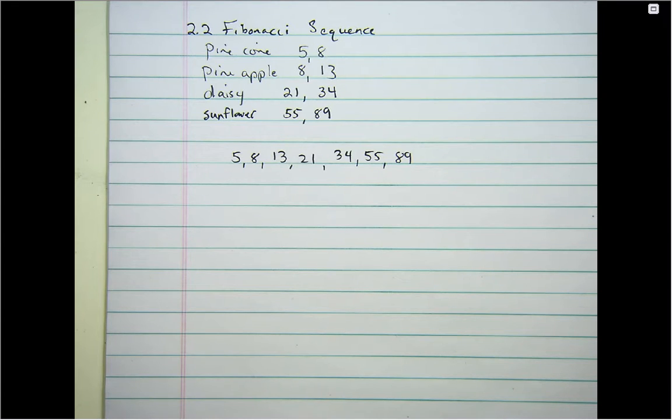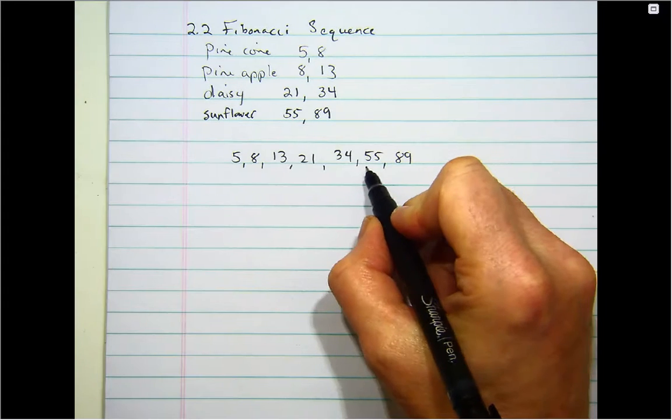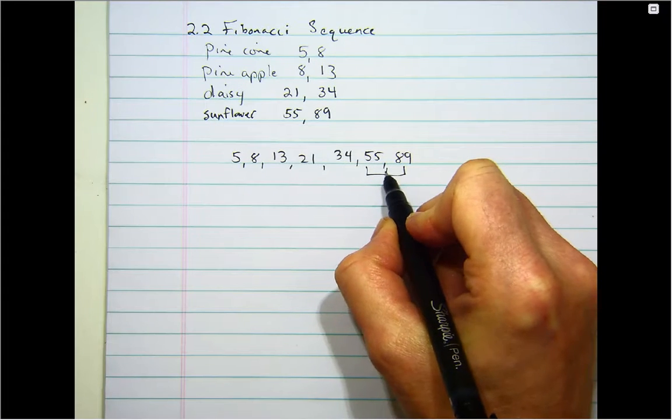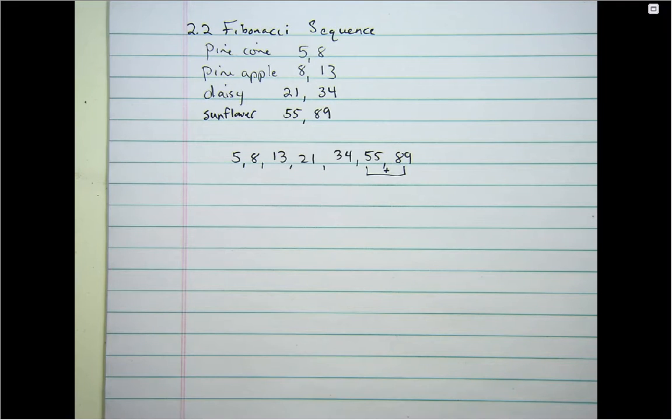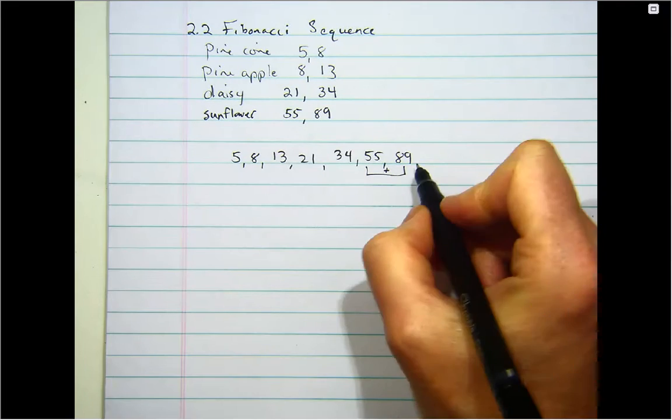What number would come next? Whatever 89 plus 55 is. Good job. That's 144.